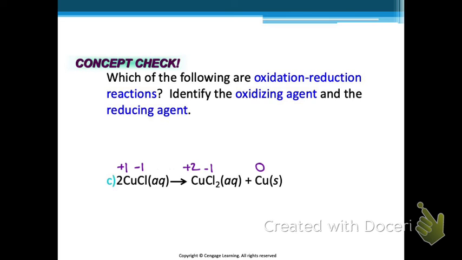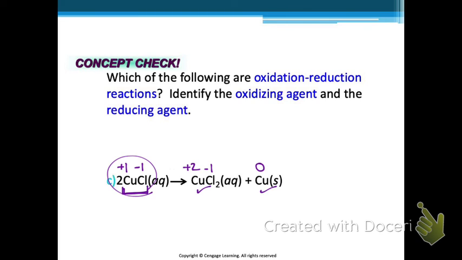Okay, this one is kind of tricky because what is it that's changing here? Copper is changing into 2 different things. And so I don't usually give you ones that look like this, but this compound right here is acting as both the oxidizing and the reducing agent, right?